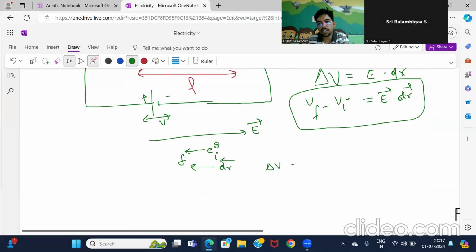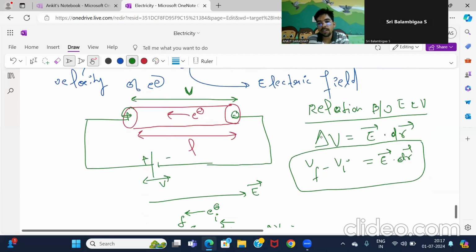You can say it is, I think, E dot dr. Just correct this. It is not delta V, it is dV. Correct this, because I take a small dr, then the potential will be dV only. Clear? And please rub this. I will explain.